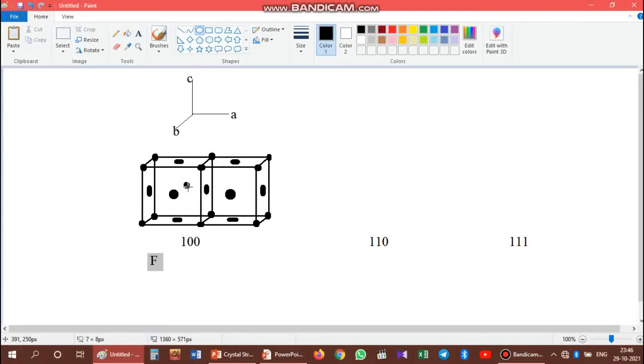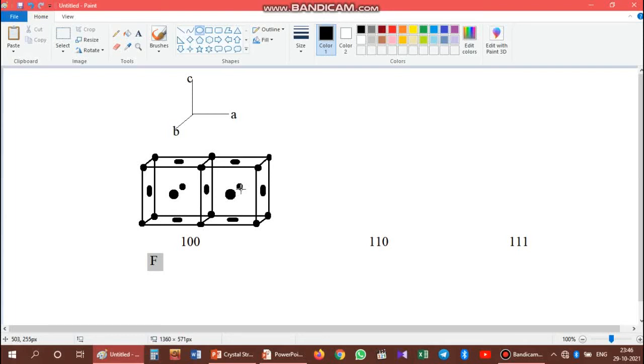It should be smaller than the front one, and its position should be the cutting point of the two diagonals. Yeah, this is the cutting point of the two diagonals, and the next one should be here. It should be drawn a little bit smaller to bring the 3D impression. Look, it looks beautiful. So this seems to be present in the front face and this one seems to be present in the back face.